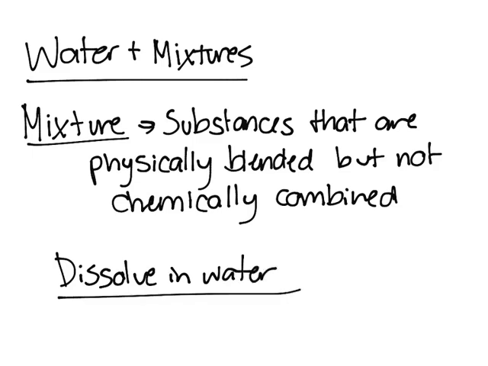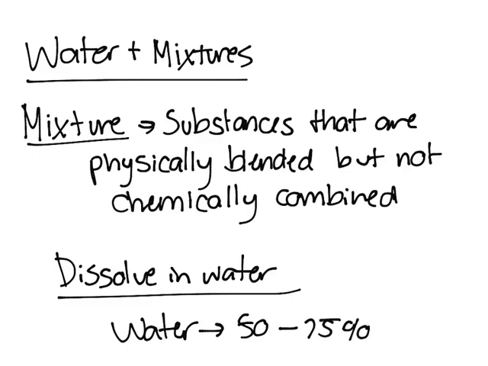And water is known as a universal solvent, and water accounts for 50 to 75% of our weight. And so water is a polar molecule, forms hydrogen bonds, and it has a bunch of properties that account for its ability to support life.